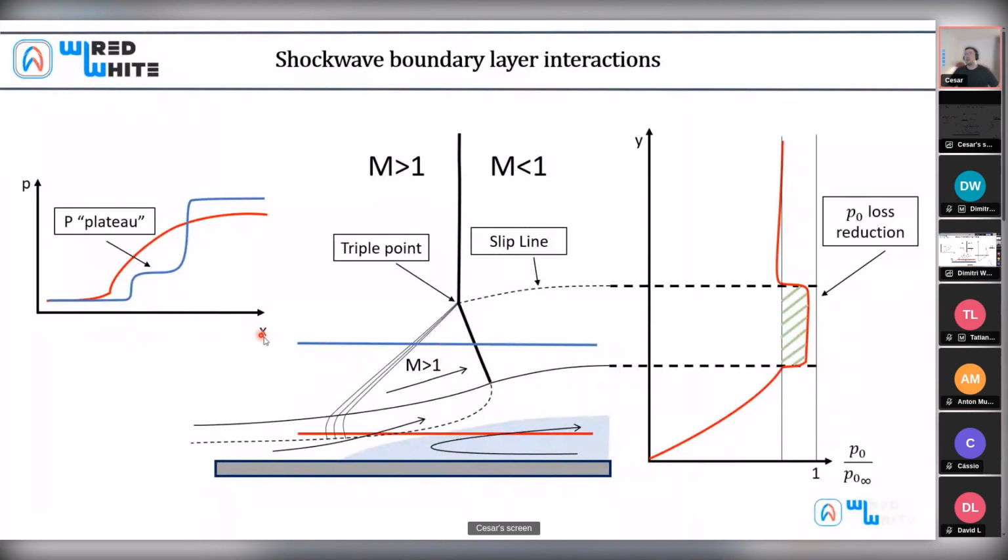Also here, the pressure distribution will be different from the previous case, because we are crossing two shocks: first an oblique shock and then a normal shock. So first we'll have a slight pressure jump and then a bigger pressure jump, because the second one is normal, and a normal shock is always stronger than an oblique shock.